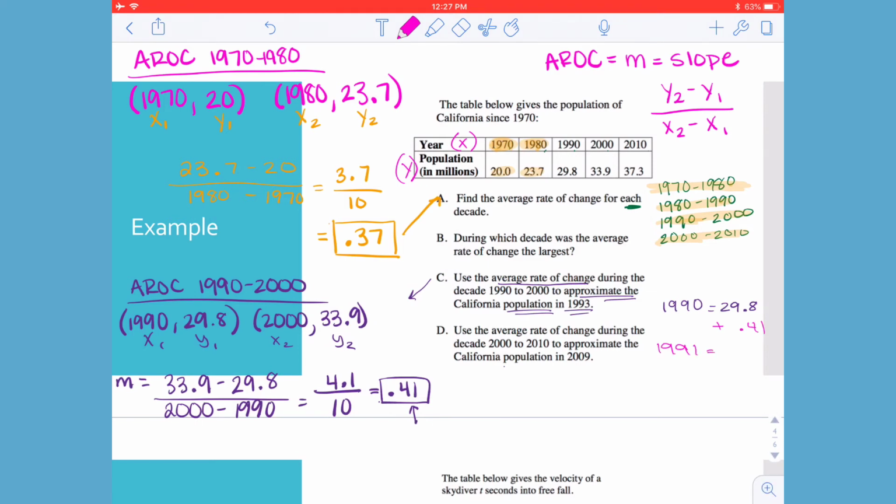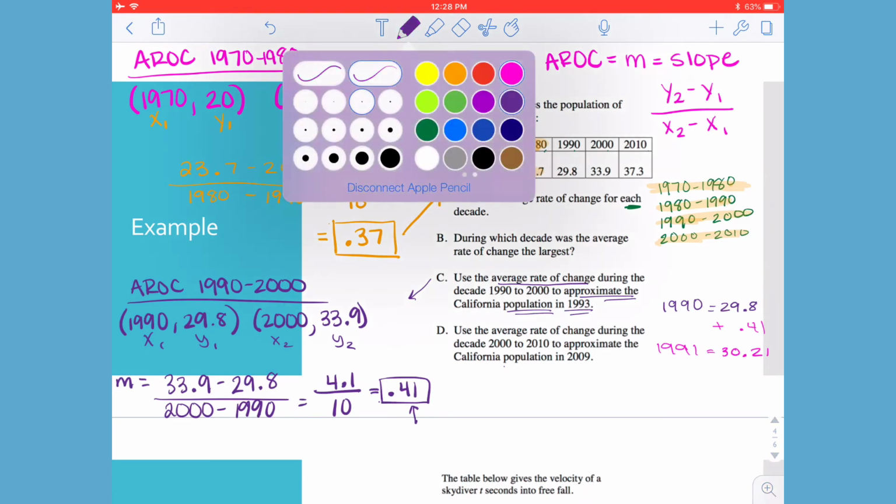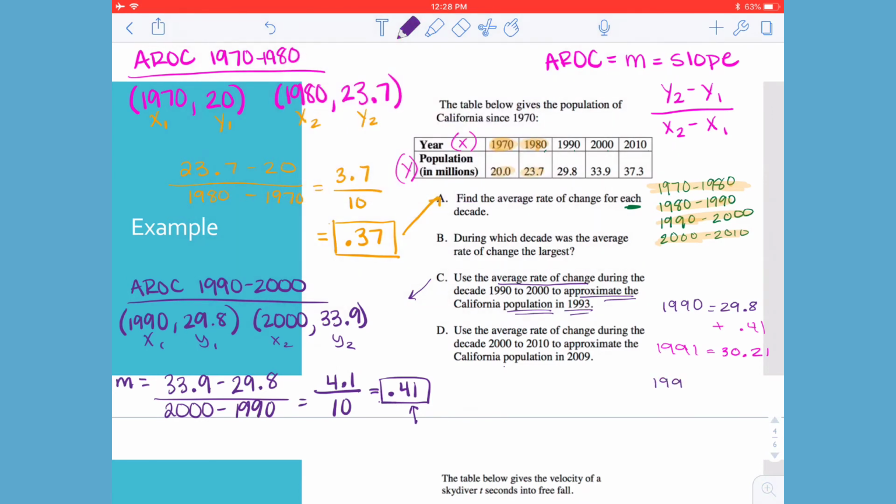So I'm going to take my 29.8, and I know I increased by 0.41, so I'm adding 0.41, and in 1991 I can predict I had 30.21 million people. And then to get to 1992, I am going to again add my rate of change because this is a positive value, so I'm going to add 0.41, and that gets me 30.62.